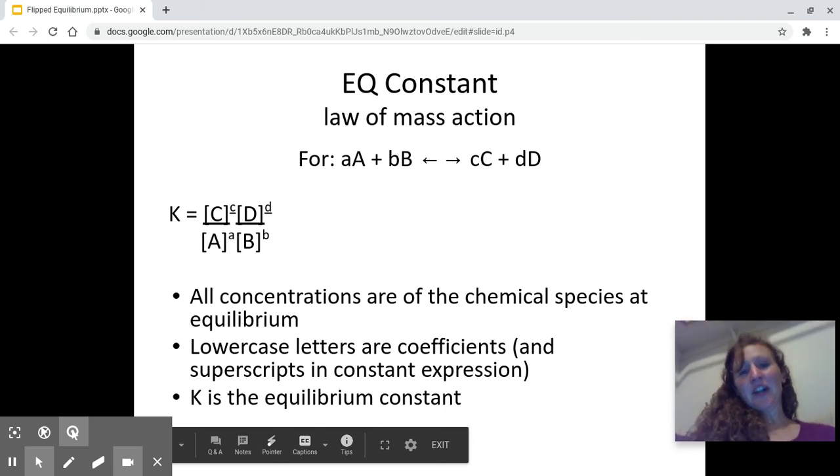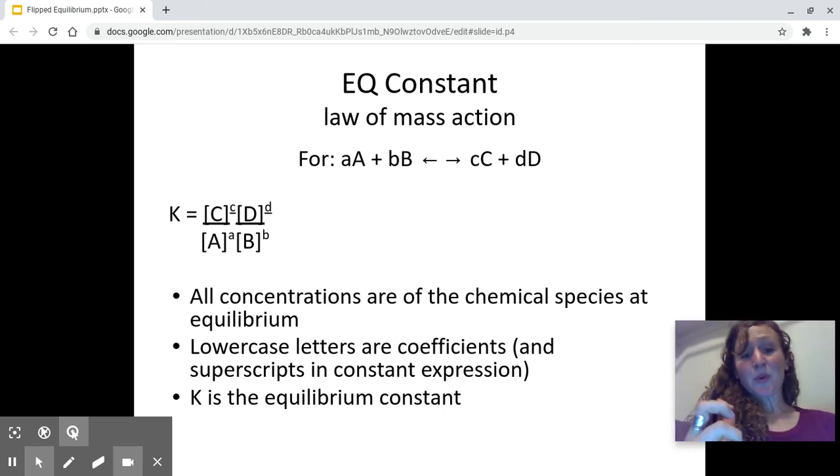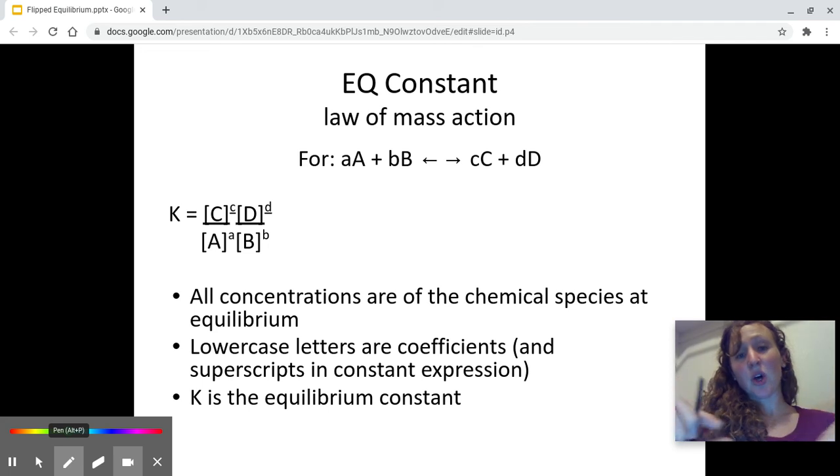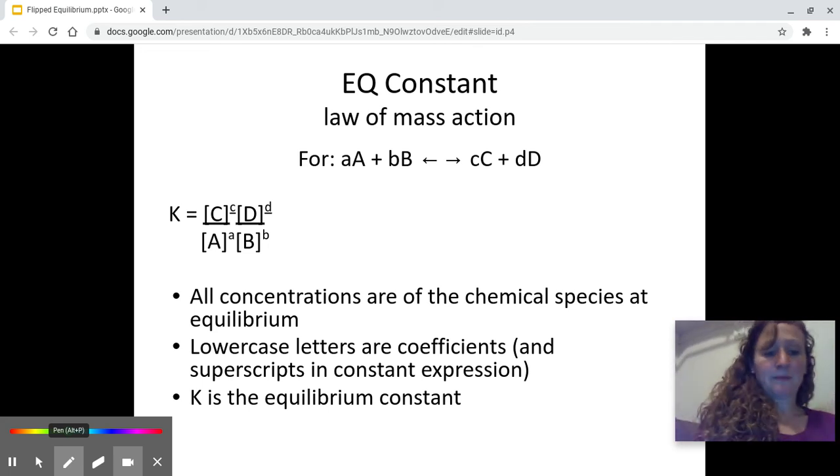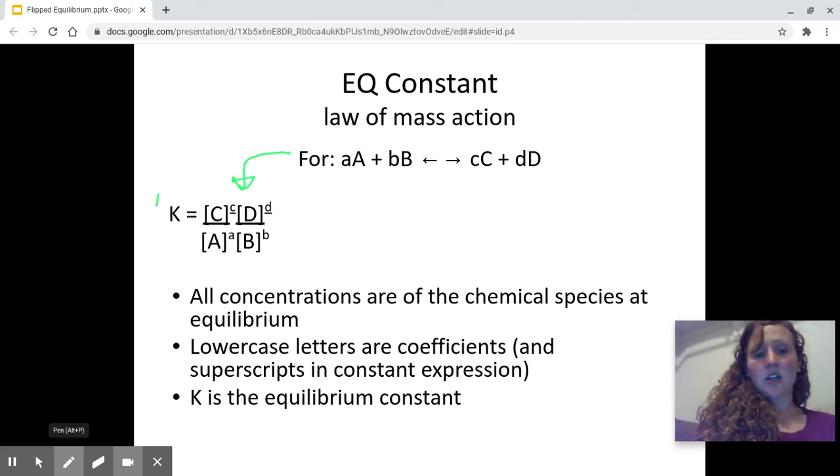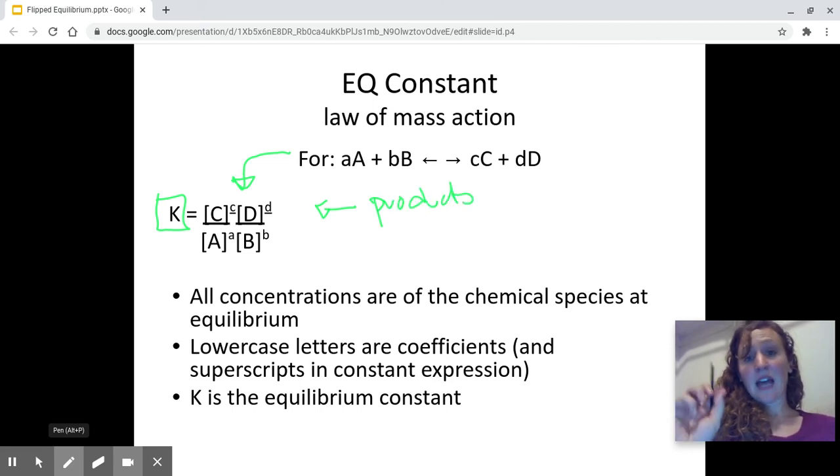And here we go. This is the real K. This is the real law of mass action. This ratio that the equilibrium positions always satisfy can be found from the reaction. You can take a reaction and build your K. Notice that we have products on the top, and those products are in terms of concentration, not moles, not mass, not volume, concentration.